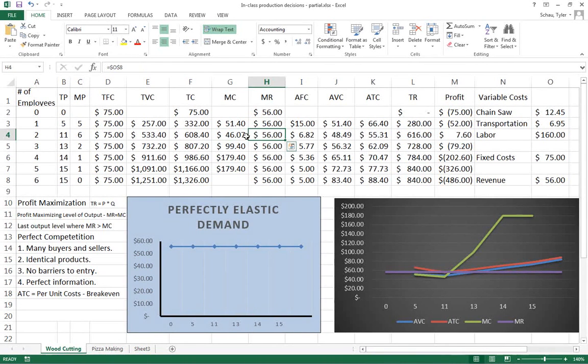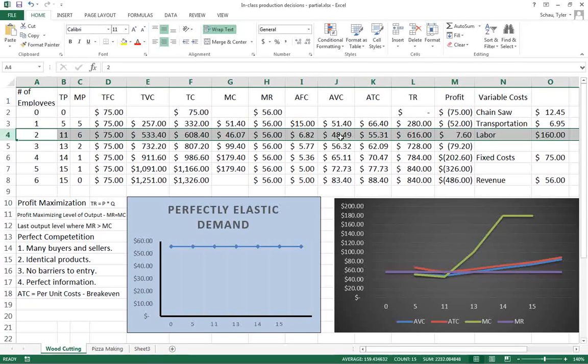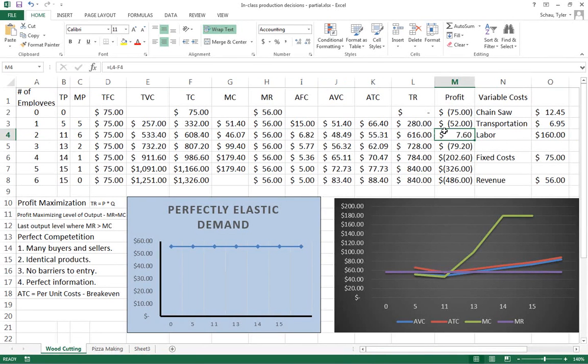Marginal revenue is just now higher than marginal cost at 11 units of output, 2 employees. And notice at $56, I'm above the average total cost. I'm only above it by like 69 cents per unit. Okay. But multiply that 69 cents times 11 and I end up with a profit of $7.60.